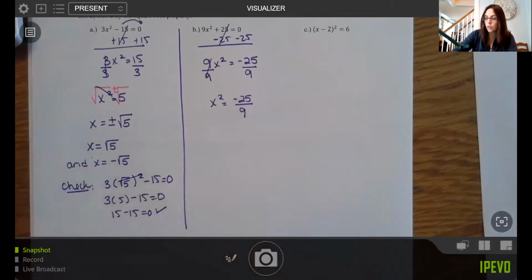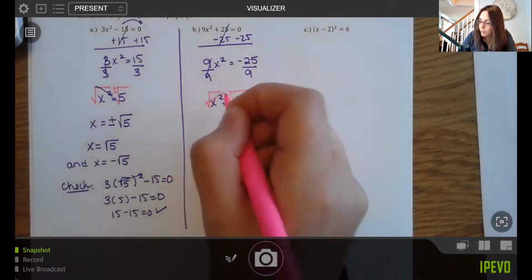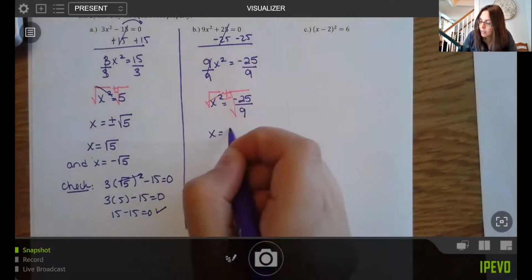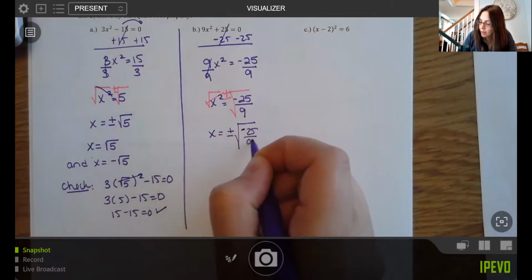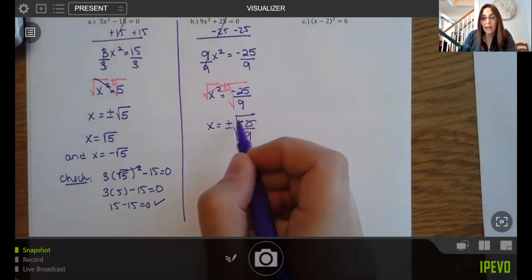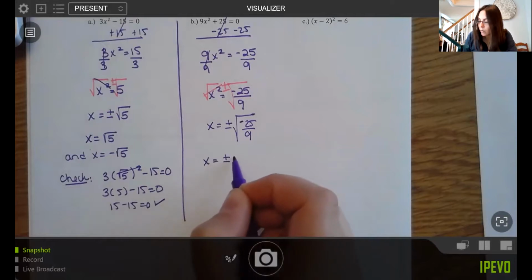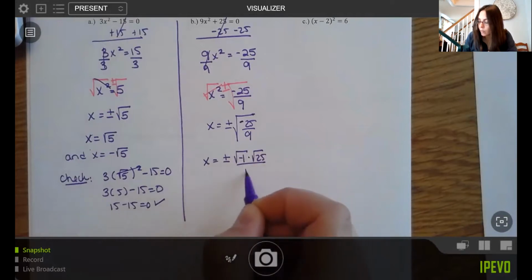I'm going to go ahead and take the square root of both sides there, plus or minus. So I have x is equal to positive and negative square root of negative 25 over 9. Now we do want to simplify that. I have a negative, so I have an imaginary number here, which is fine. So this is actually plus or minus the square root of negative 1 times the square root of 25 over the square root of 9.